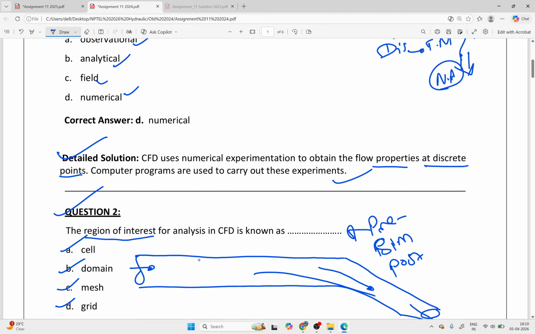Now, region of interest means you need to see, if you will break these things, up to here, your domain has symmetry. Whatever result you get on this side, the similar result you will get on this side.